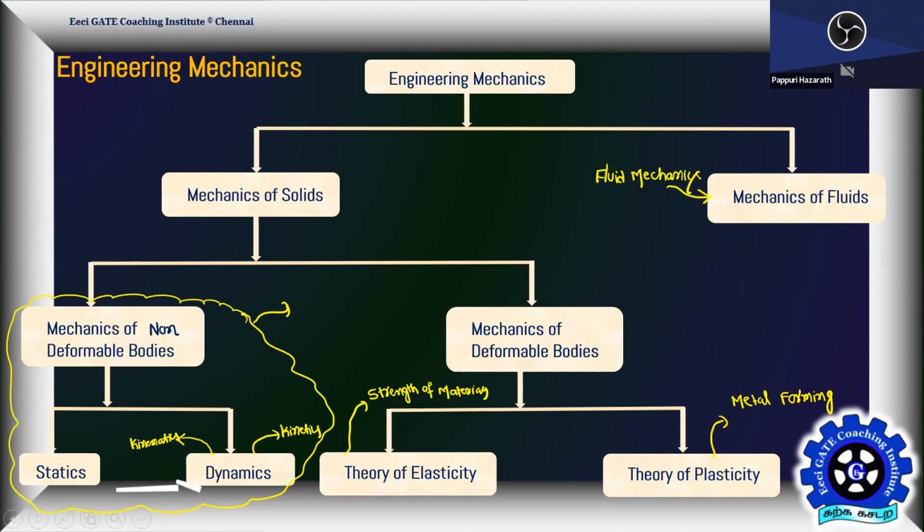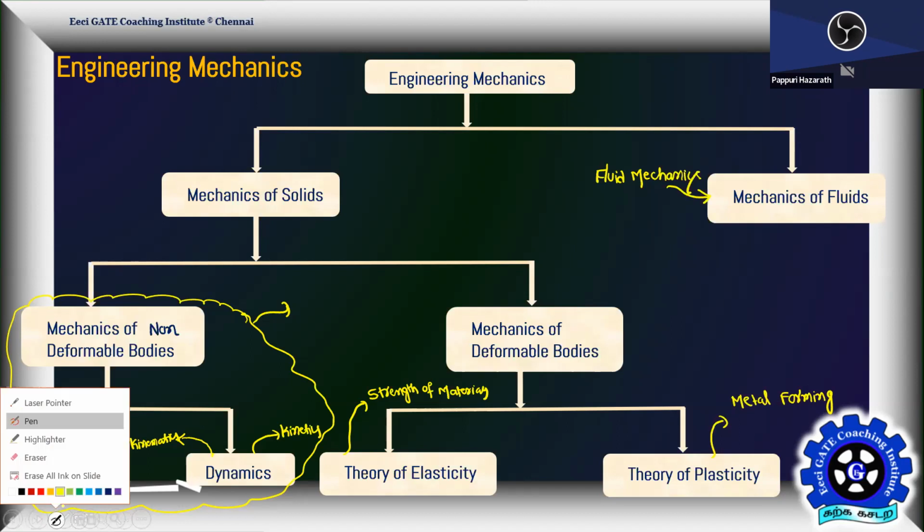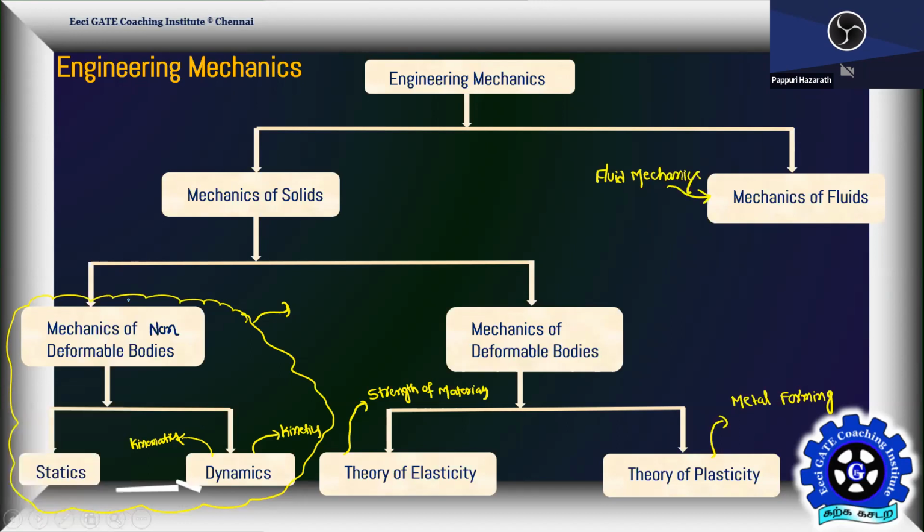This part you understood? Engineering mechanics is broadly classified into mechanics of solids and mechanics of fluids. Again, mechanics of solids is classified into mechanics of non-deformable bodies, so-called mechanics of rigid bodies.